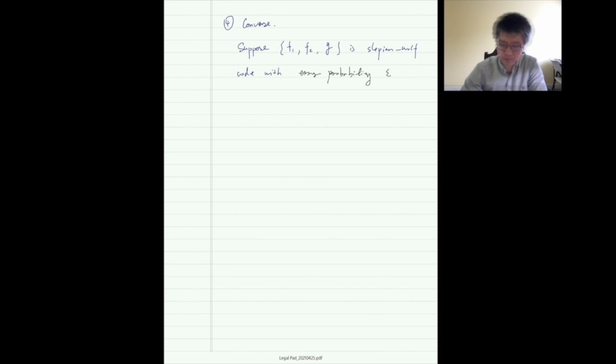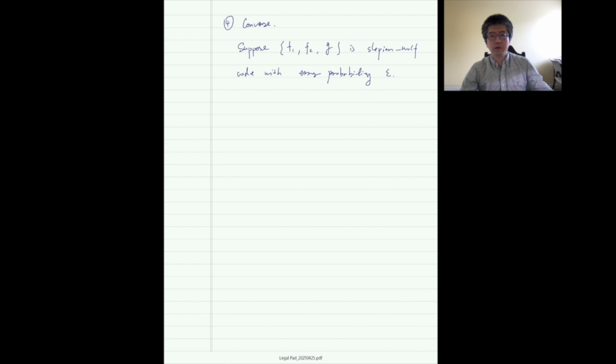So let's try to show the converse part of the Slepian-Wolf theorem. Suppose that we have f1, f2, and g, the encoding and decoding functions, that satisfy the Slepian-Wolf coding criterion with small error probability epsilon.